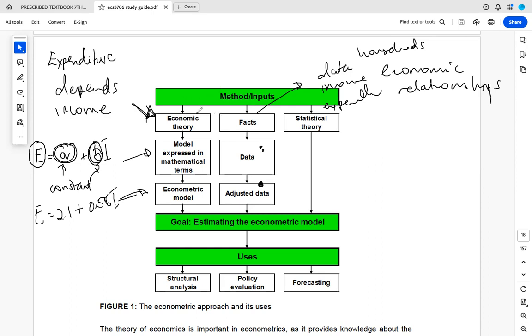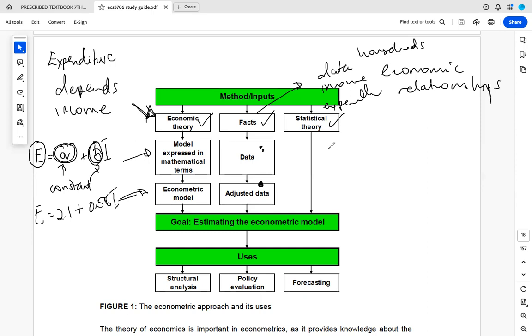So one of the inputs in econometrics is firstly our economic theory, and then also our facts, which relates to the data that we use to help us to estimate the coefficients in our econometric model. And then lastly, we also use statistical theory as an input with regards to estimating our econometric model.